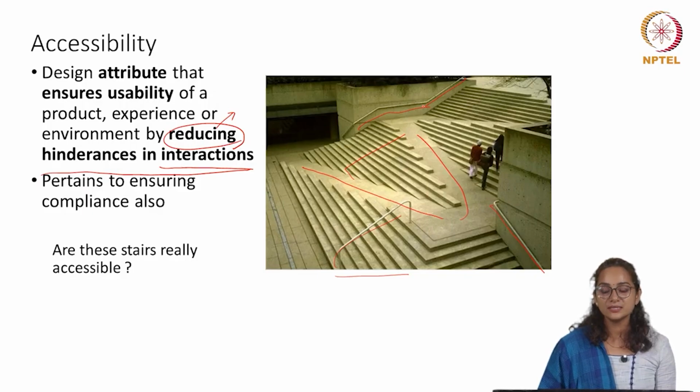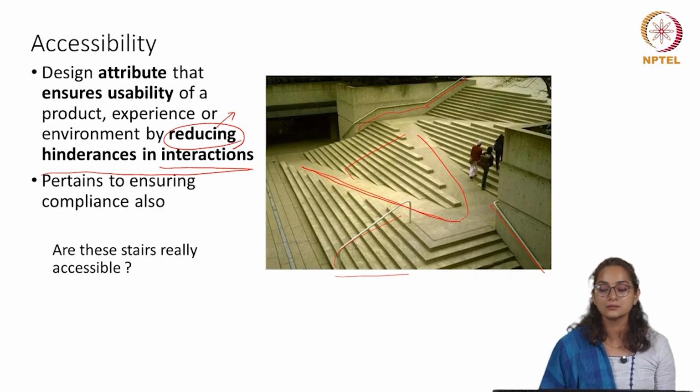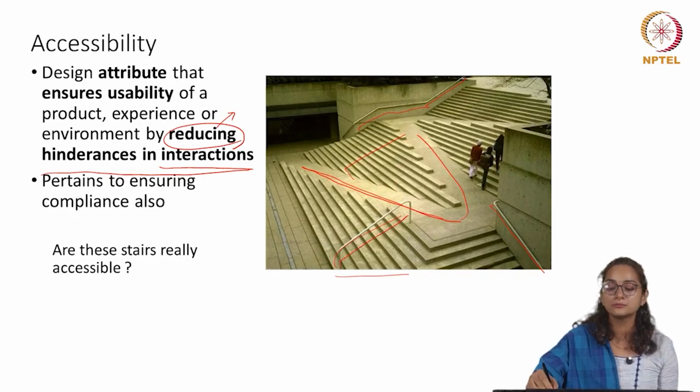But we also have to see and understand as designers whether in our attempt to design something which is very pleasing, we are also creating barriers for another set of users. For example, in the attempt to integrate a ramp in the staircase, are we creating a hindrance for, say, people who are elderly, for whom it may not be possible to climb these stairs here, then walk somewhere here, then again hold the rails here.